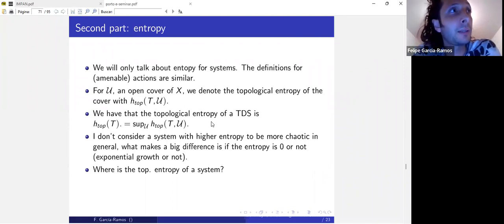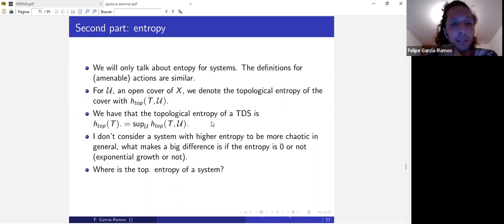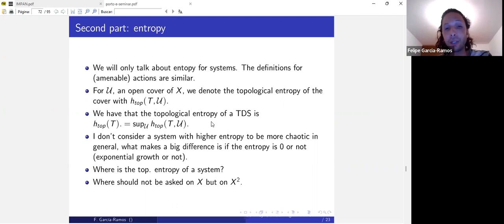If you have a system with positive entropy, and you ask where is the entropy of this system, how can you answer? The answer is not in X, but in X squared. It's something about how different regions relate.